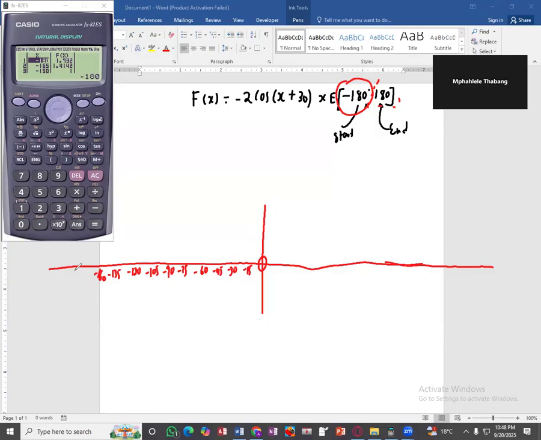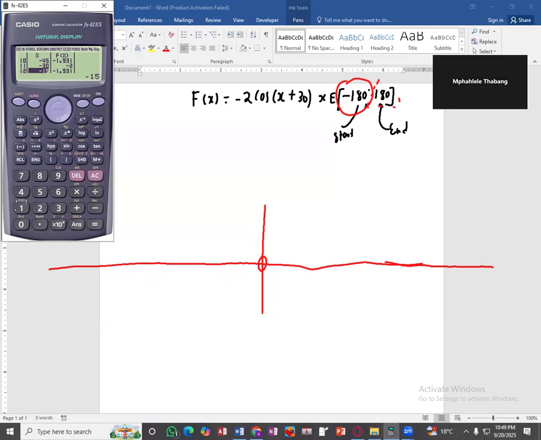I missed something here. Let me come again. Let me look at my calculator, the x value which is closest to 0 is minus 15. Yes.